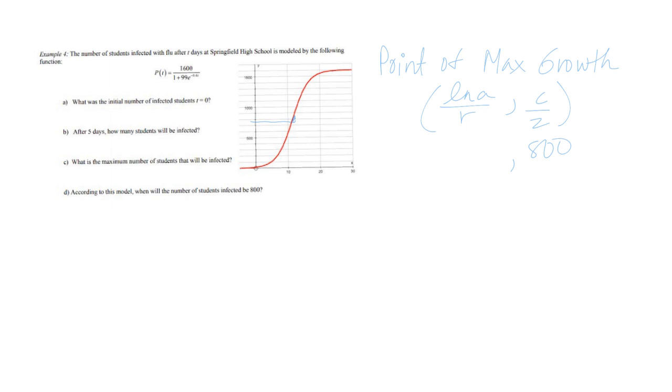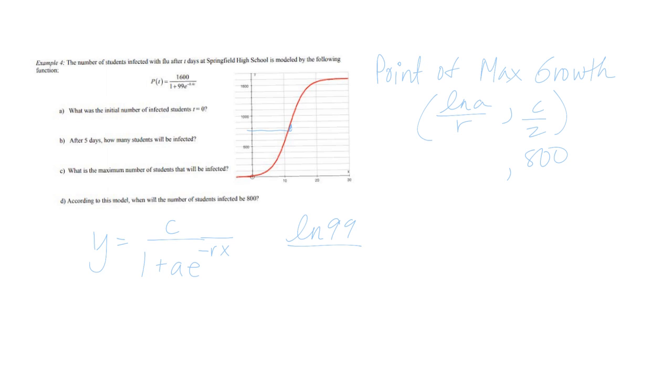Remember that the general form is y equals c over 1 plus a times e to the negative rx. So the a in this case is 99, so it's going to be the natural log of 99 over 0.4, which means I have the natural log of 99 divided by 0.4.